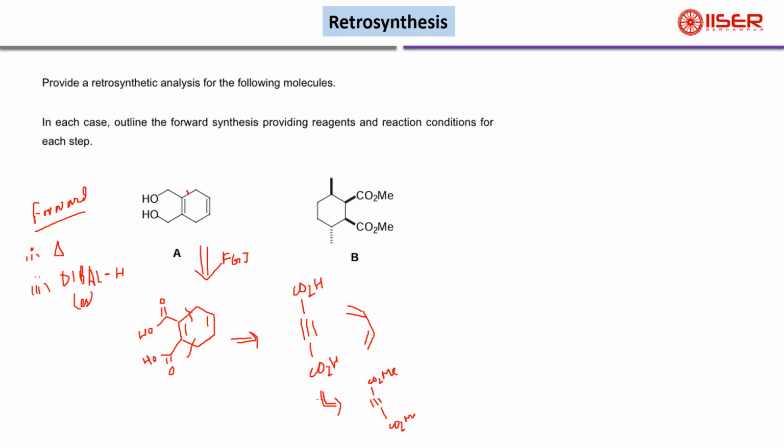This is for ester reduction, whenever it is ester we are using DIBAL. But if you want to reduce the acid group, in that case we have to use BH3·SMe2. These are the specific reducing reagents for some functional groups we use in our laboratory. So for acid reduction we will use BH3·SMe2, and if it is ester we will use DIBAL.